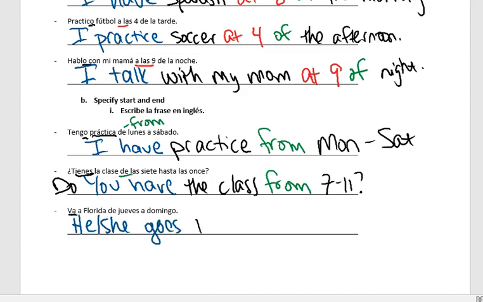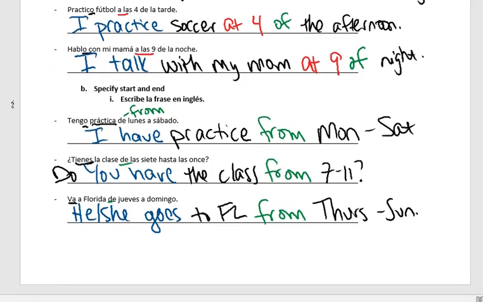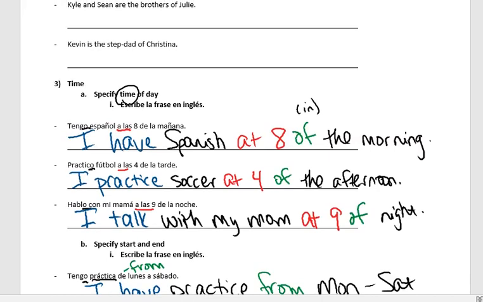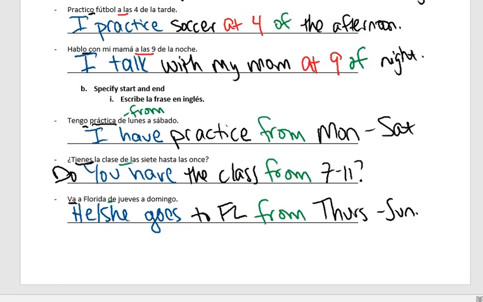And they're going to Florida. Again, we know that this de is from jueves a domingo. Thursday to Sunday. Okay? So those are the main uses of de. Any preguntas, make sure you let me know. Alright? Adiós.